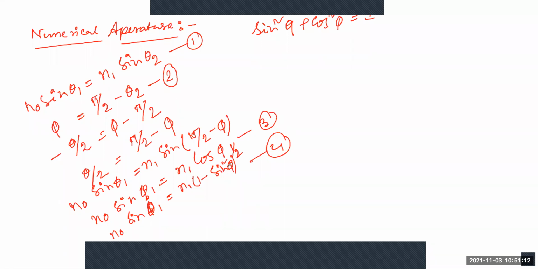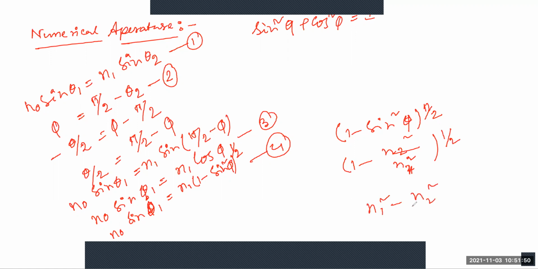So if we combine the limiting cases into equation number 4, we get 1 minus sine square phi to the power half, which gives n1 square minus n2 square divided by n1 square.